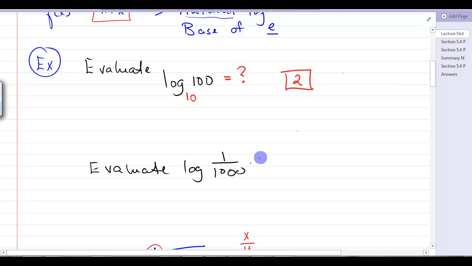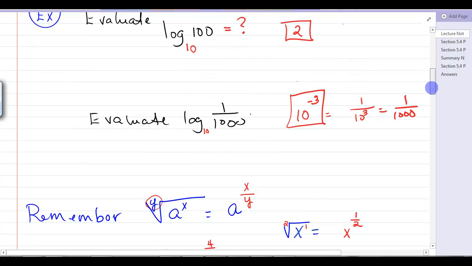Now log of 1 over 1,000, so 10 raised to what power is going to give me 1/1000th? And anytime you see a fraction like that, this is going to be a negative exponent. So 10 to the -3 is the same as 1 over 10 cubed, which is 1 over 1,000. So when you see the fractions, you're going to be talking negative exponents.